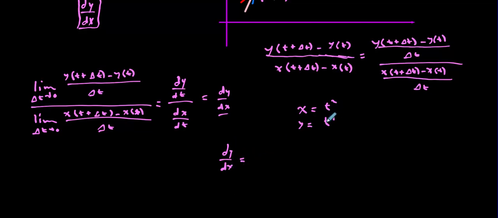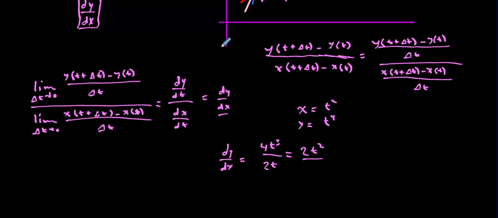So I take the derivative of the y part, dy dt, which is going to be 4t cubed. That's just the power rule. Over dx dt, which is 2t. So we've got 2t squared. There is our derivative, that's dy dx.